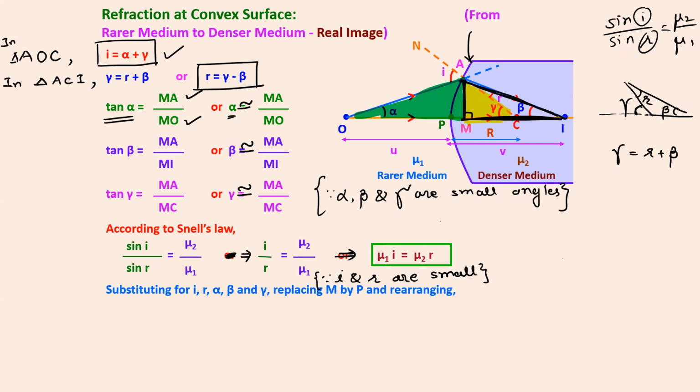So you can write down the last step, substituting for i, r, alpha, beta, gamma, replacing M by P and rearranging. How can we replace M by P? That reason also we are going to give, no issue.